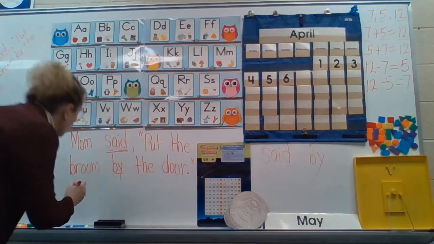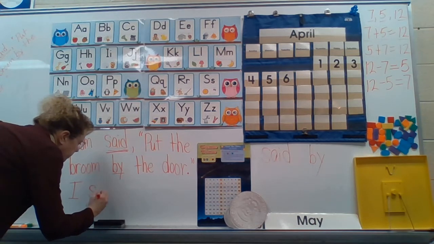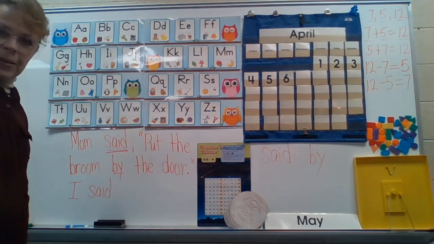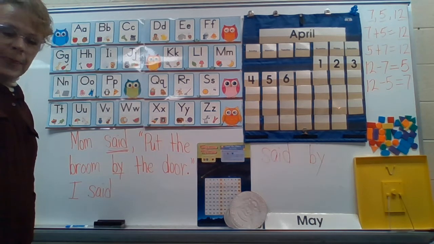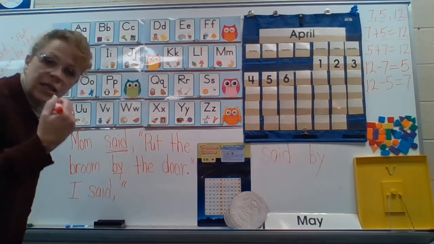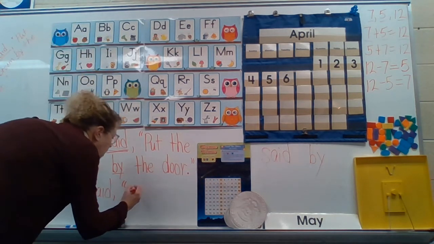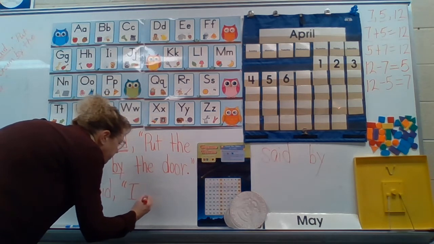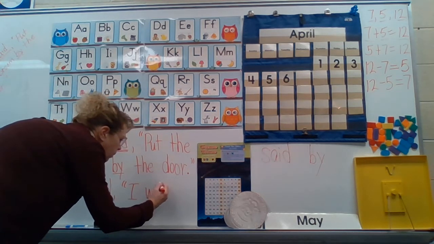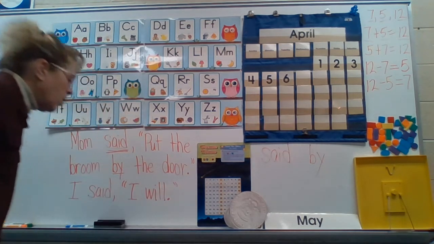And then I could write, I said, and then I have to put a comma before I put those talking marks again, because this is what I'm going to answer her. I said, I will, and then you put a period and your talking marks again.